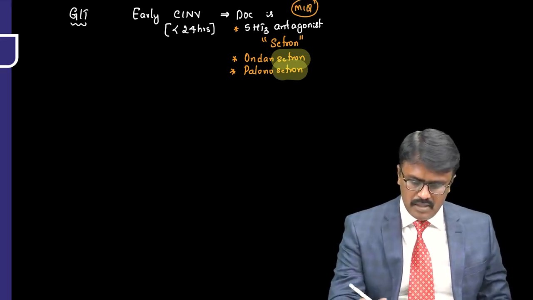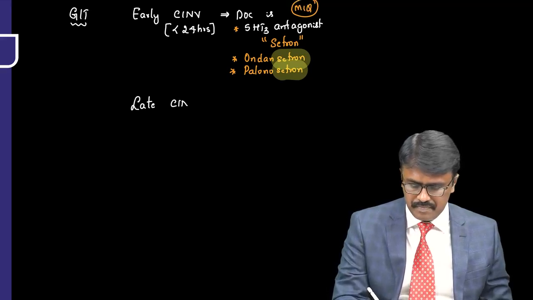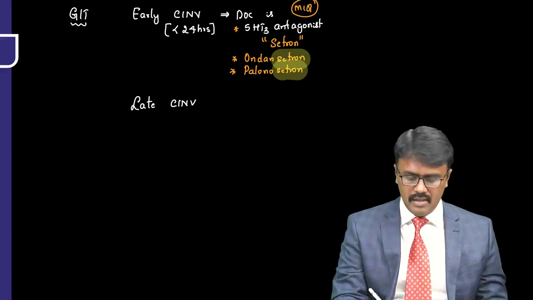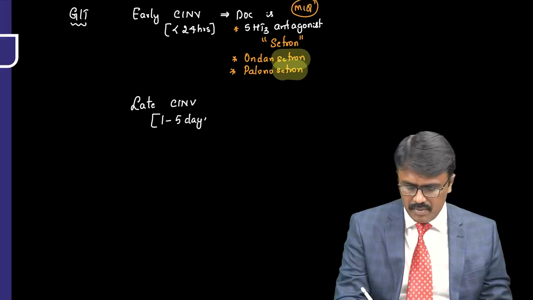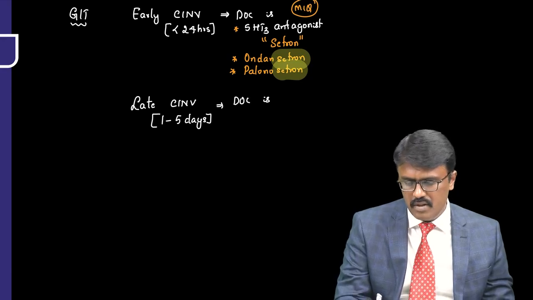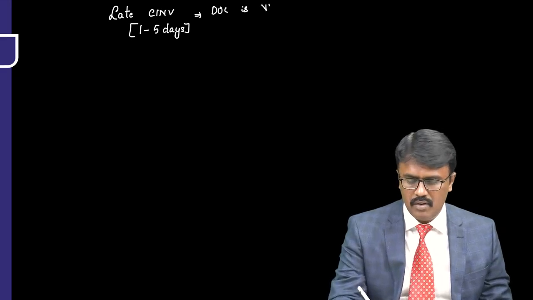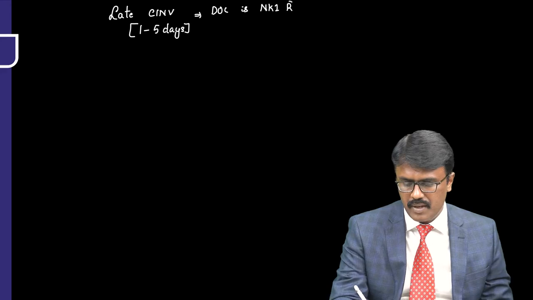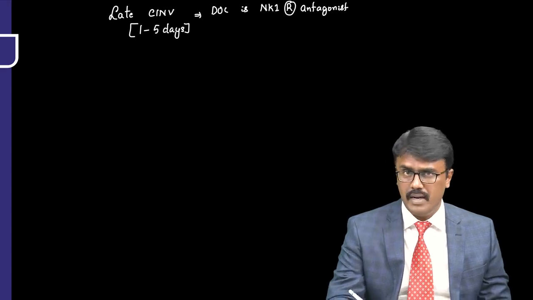One more complication in the GIT is the late CINV. What do you mean by late, sir? If it is happening between 1 to 5 days of starting chemotherapy, then the drug of choice is neurokinin 1 receptor antagonist, and they end with pitant.